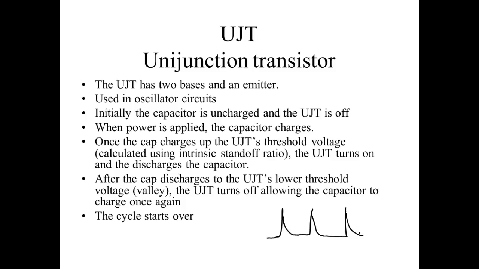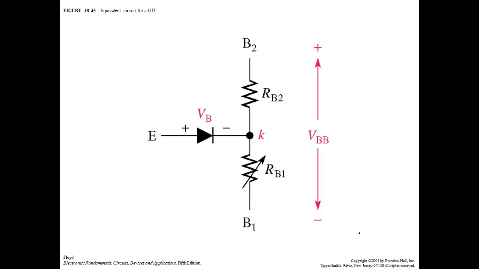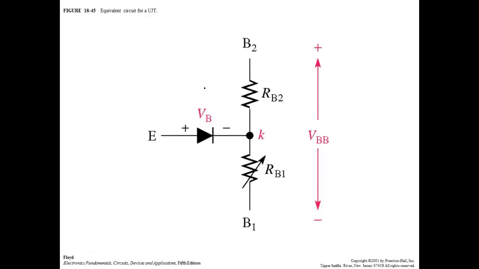So the way this thing works is like this. Notice we have a PN junction right here between this and either base 1 or base 2. So we have RB1 and RB2.